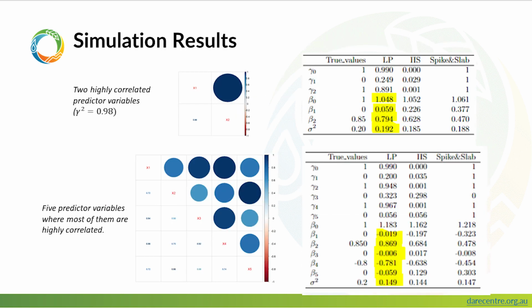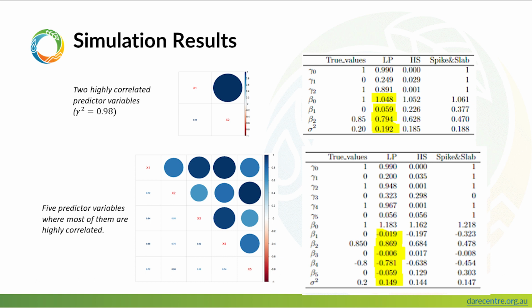Okay, the simulation results of this new prior compared to horseshoe and spike and slab show that it gives us the closest estimates to the true values, even when the variables are highly correlated.